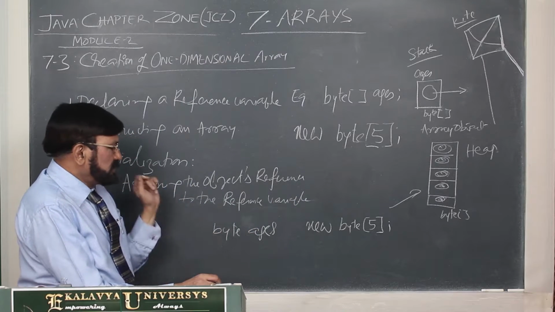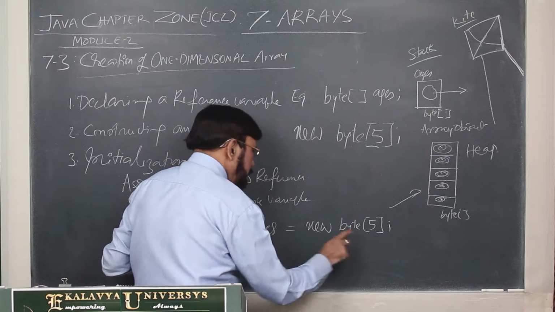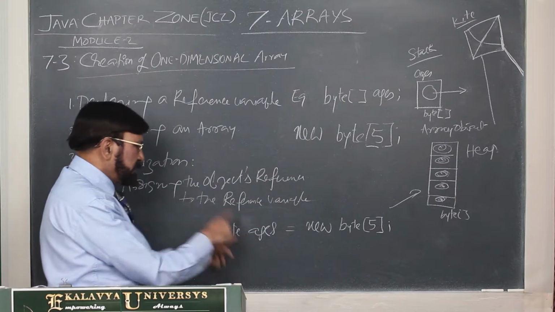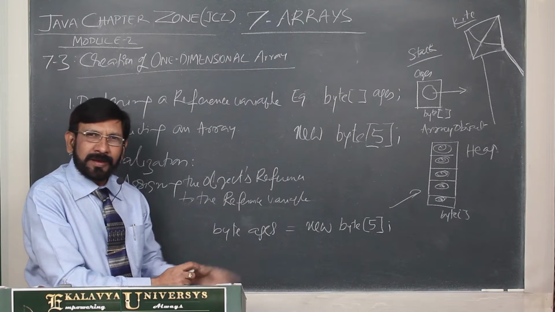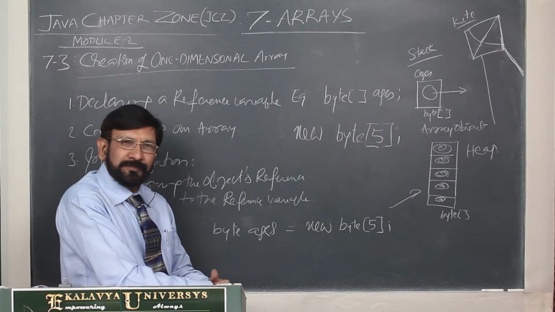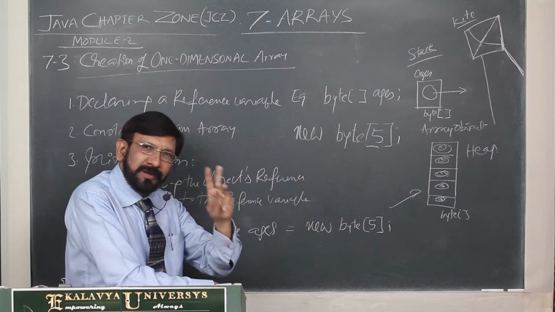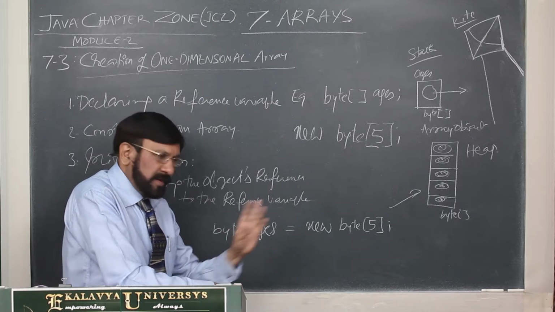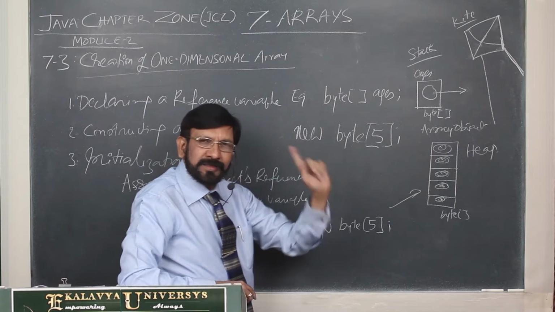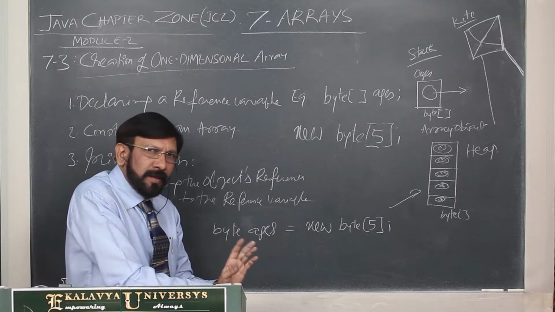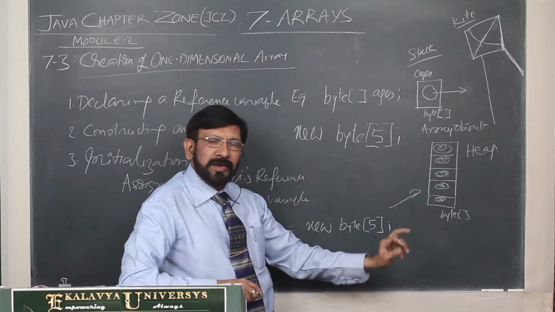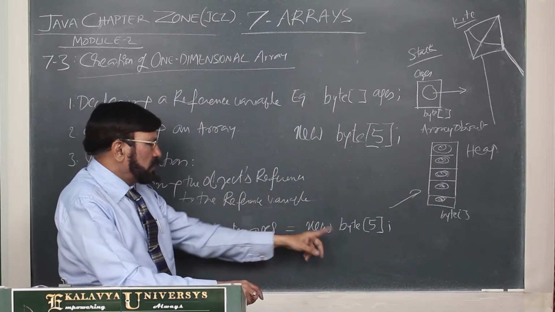So here you see, this is the thing. Now this object has a reference. The reference is to be assigned to the corresponding reference variable, and that is also done by the new operator. So new is performing 3 operations. First one is it gets allocated the necessary amount of memory on the heap. Number 2 is it initializes all the elements with the default value of the corresponding type.